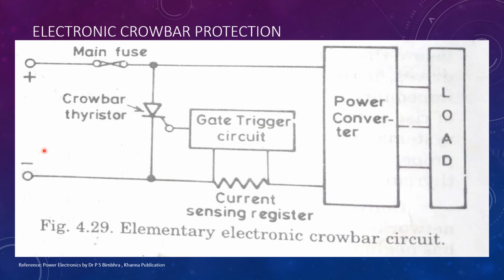The crowbar thyristor current depends upon the source voltage and its impedance. After some time, the main fuse interrupts the fault current. The fuse may be replaced by a circuit breaker if the SCR has adequate surge current rating.